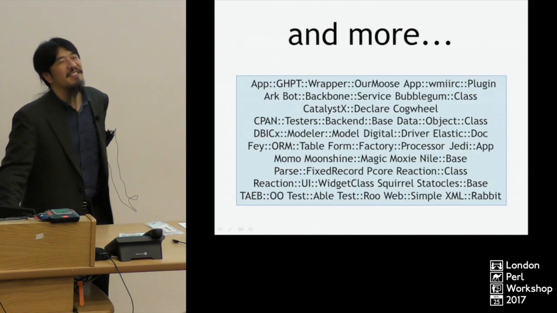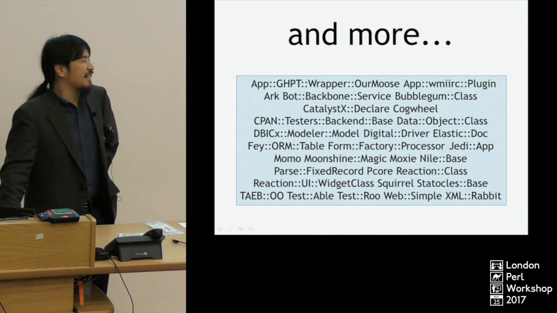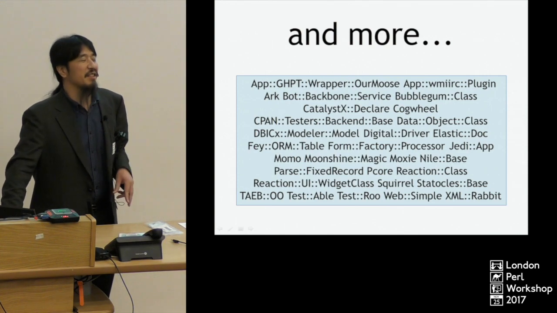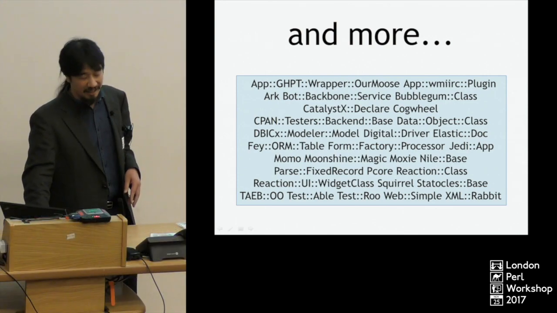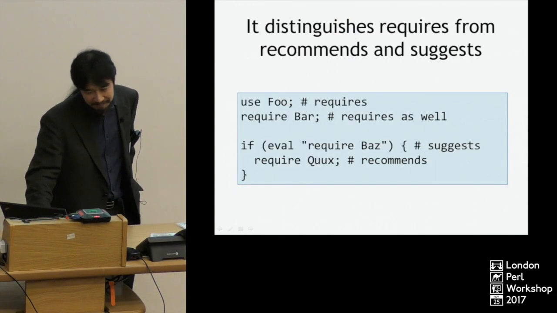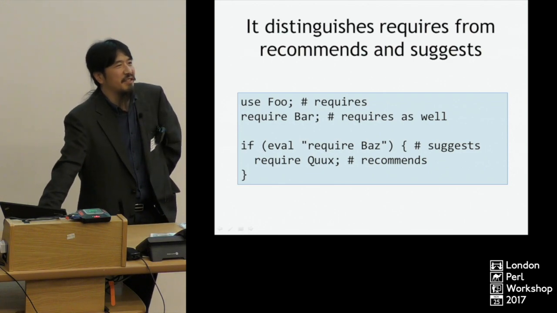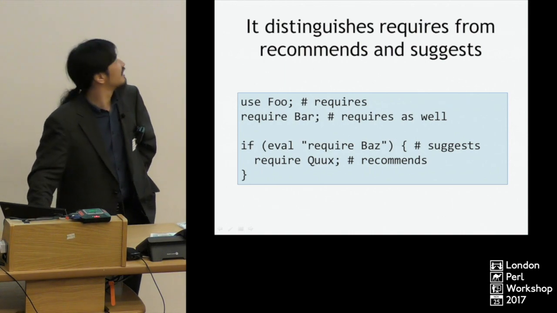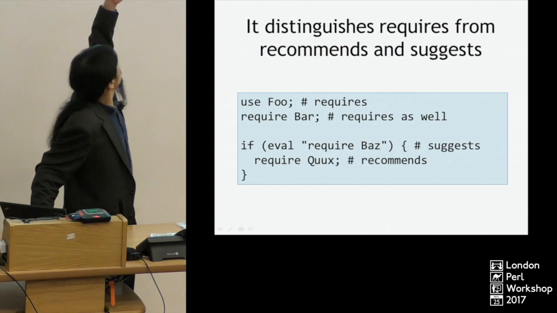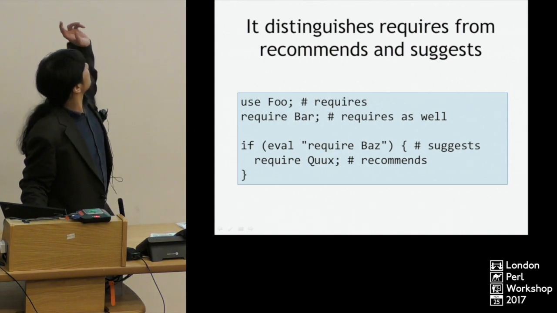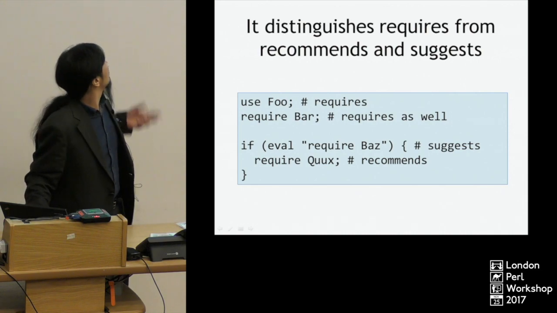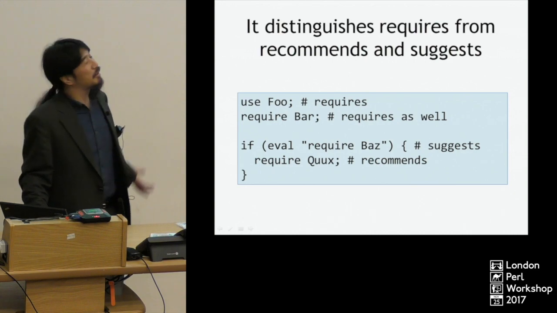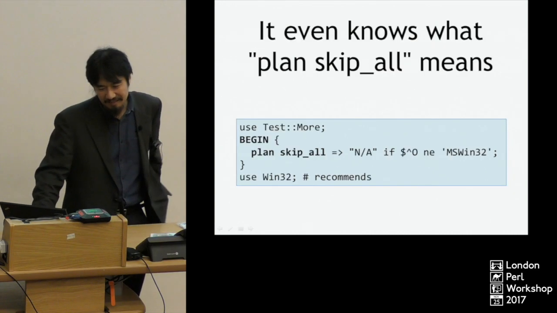These are Moose variants that I recognize, with functions used as in Moose, and it distinguishes requires from recommends and suggests. Namely, foo is requires and bar is always loaded, but we can do without baz and cool, maybe.